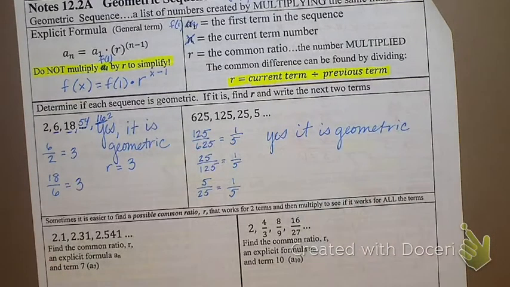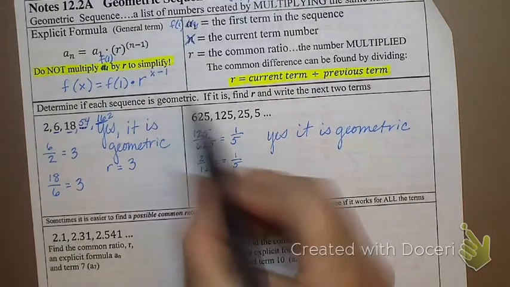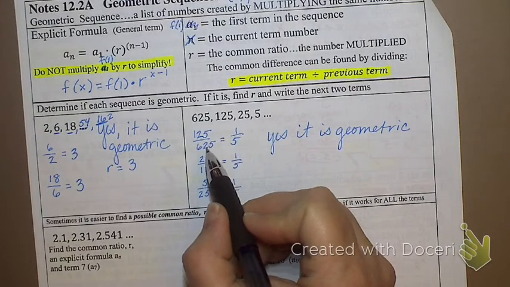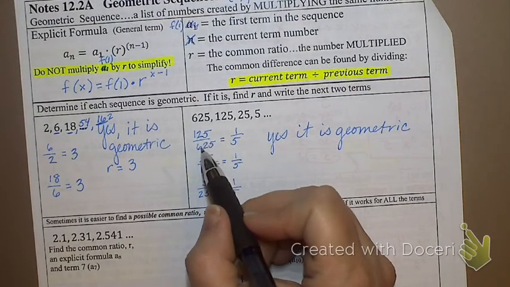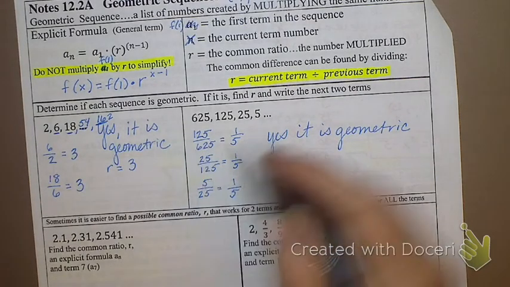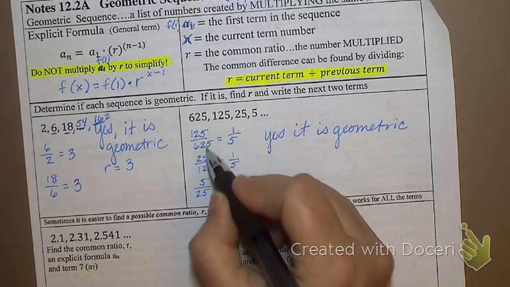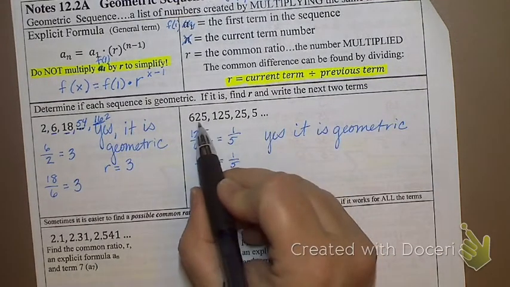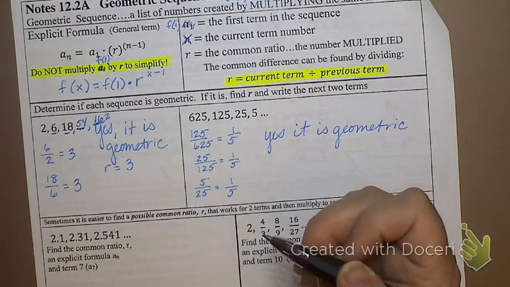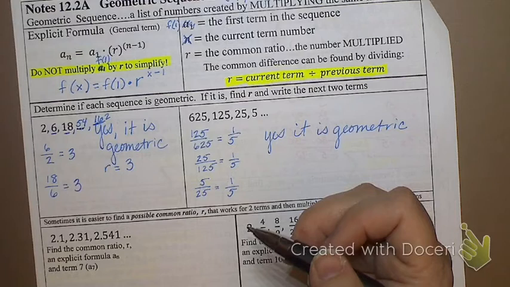Now, is it important that you do the second term over the first term instead of the first term over the second term? Absolutely. Because if you did the opposite, if you did 625 over 125, you would come up with an r value of 5. And it is not multiplying by 5 each time.